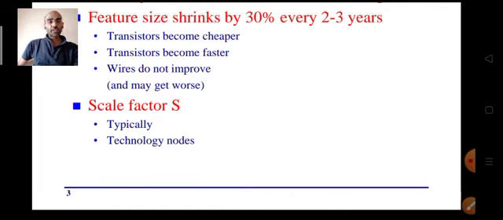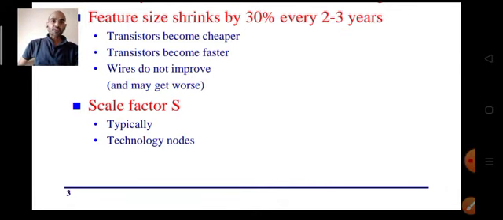If previously you were able to buy a chip for, let's say, $1 or 100 rupees, later on the same chip, at the same price, has double the number of devices, so obviously the cost per transistor will be reduced to half.